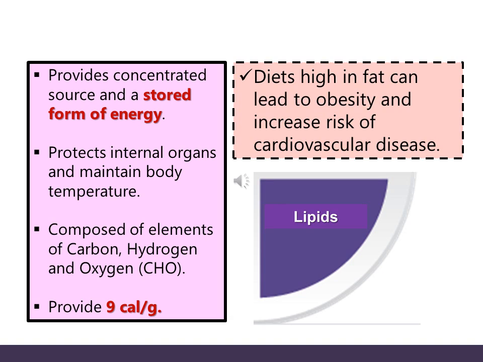And if you are obese or overweight, there is an increased risk of cardiovascular disease. That is why, as much as possible, we limit our intake of fats and lipids because of the risk involved in consuming a higher volume of this food.